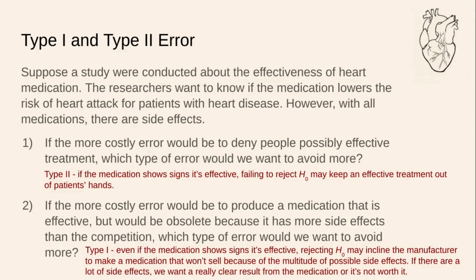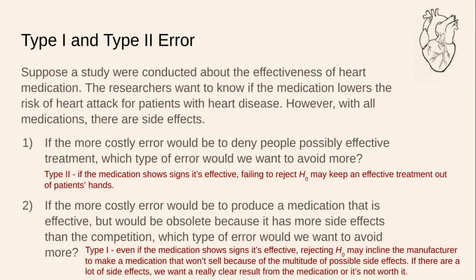So, type 1 error is the one that I'm concerned about the most, and that is when the null hypothesis should not be rejected, but we do. All right, so even if the medication shows signs it's effective, rejecting the null hypothesis may incline the manufacturer to make a medication that's not going to sell because of the multitude of possible side effects.